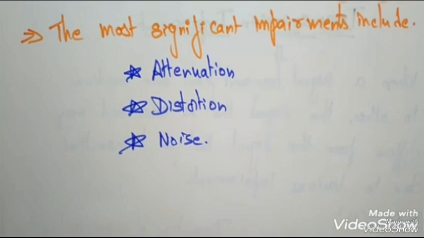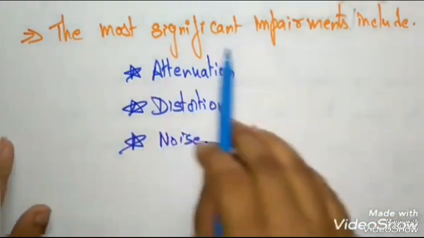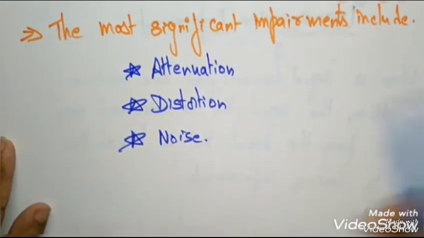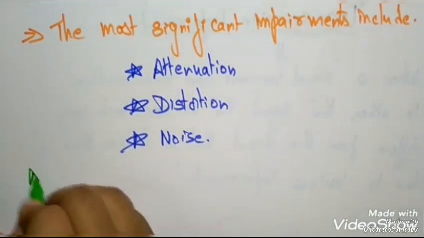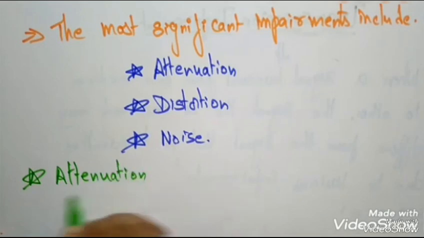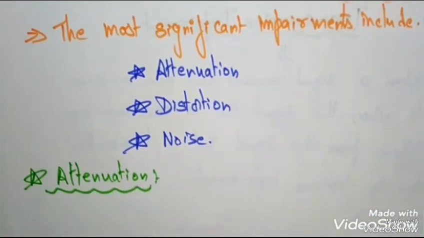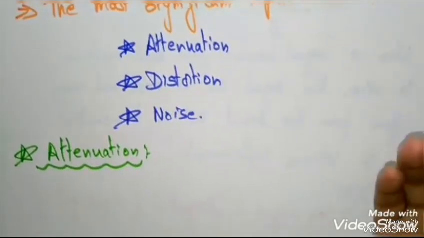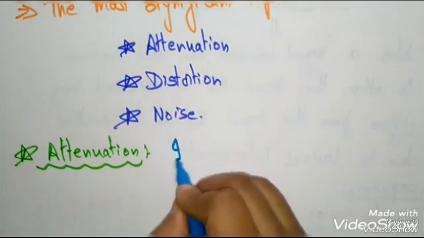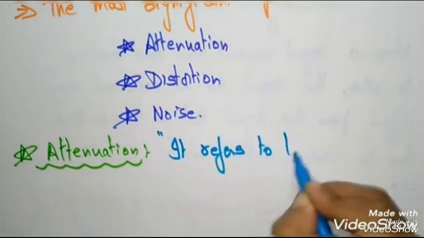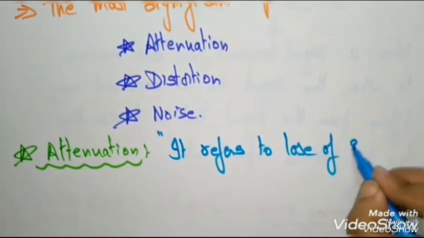Now let us see the first one, that is attenuation. What is attenuation? Attenuation refers to loss of energy. Simply we can say that attenuation means a loss of energy, or a weaker signal.